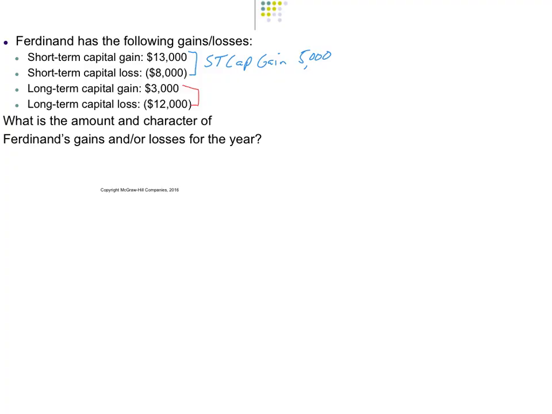Now we have to look at our long-term items, and we have a long-term capital gain of $3,000 and a long-term capital loss of $12,000. So what we're going to have is a net long-term capital loss of $9,000.